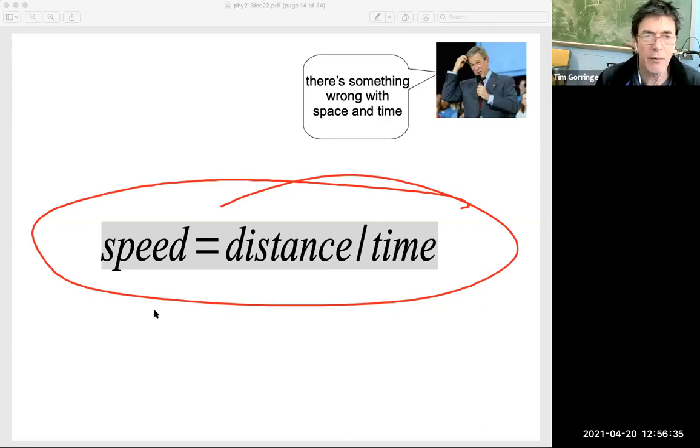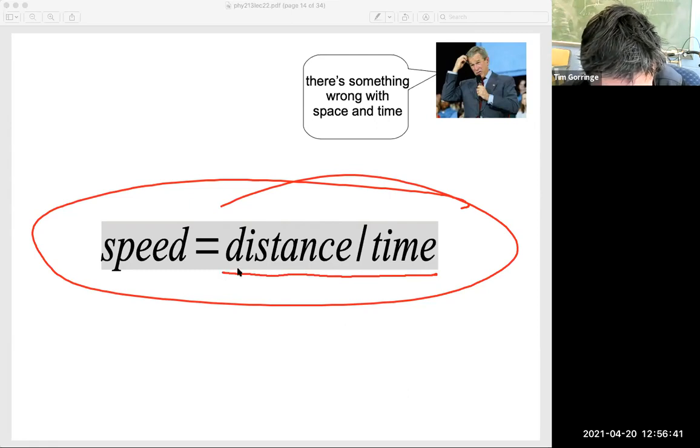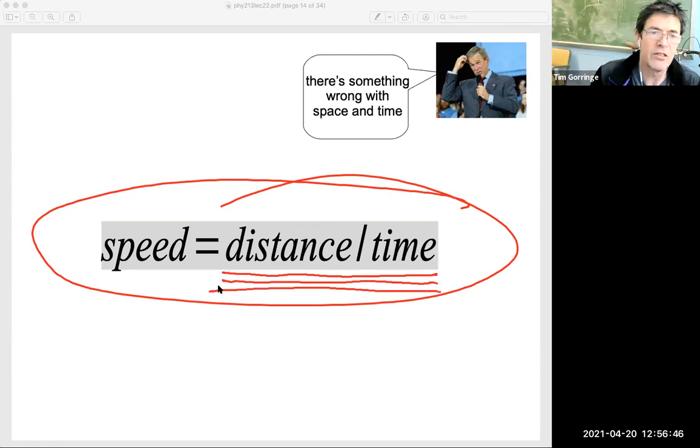The only way they can come up with the same number, 3 times 10 to the 8 meters per second, is if we change our understanding of distance and time, these quantities on the right-hand side.